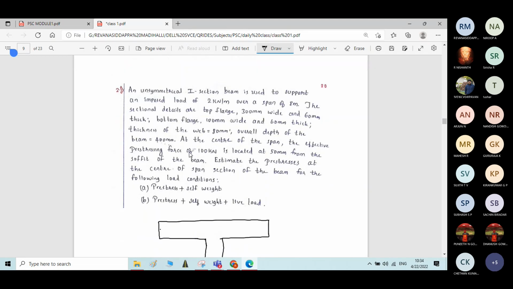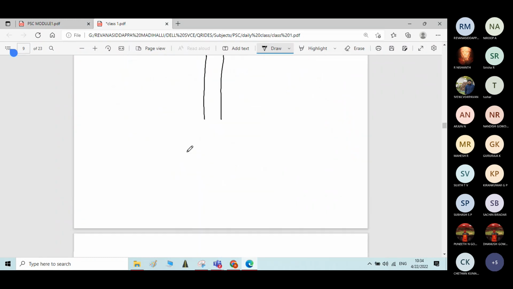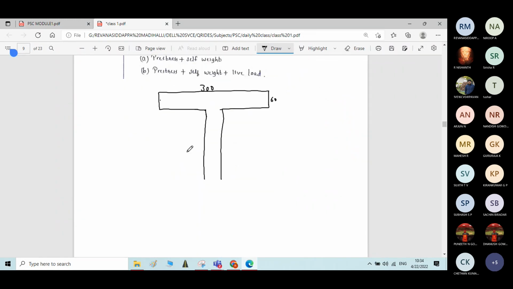Top flange 300 by 60 mm. Bottom flange is 100 by 60.